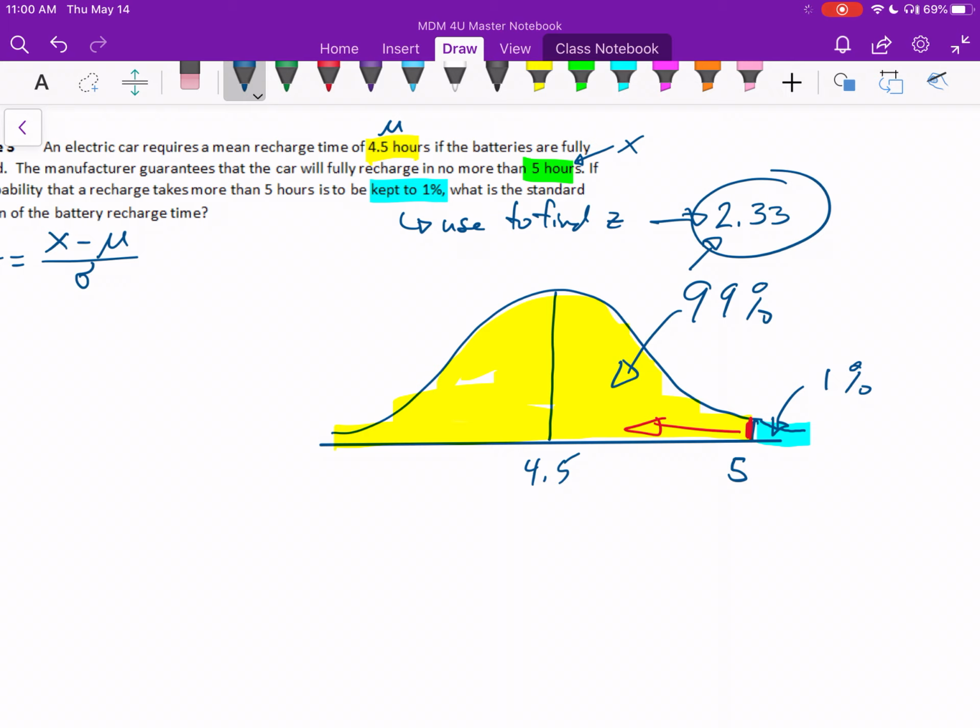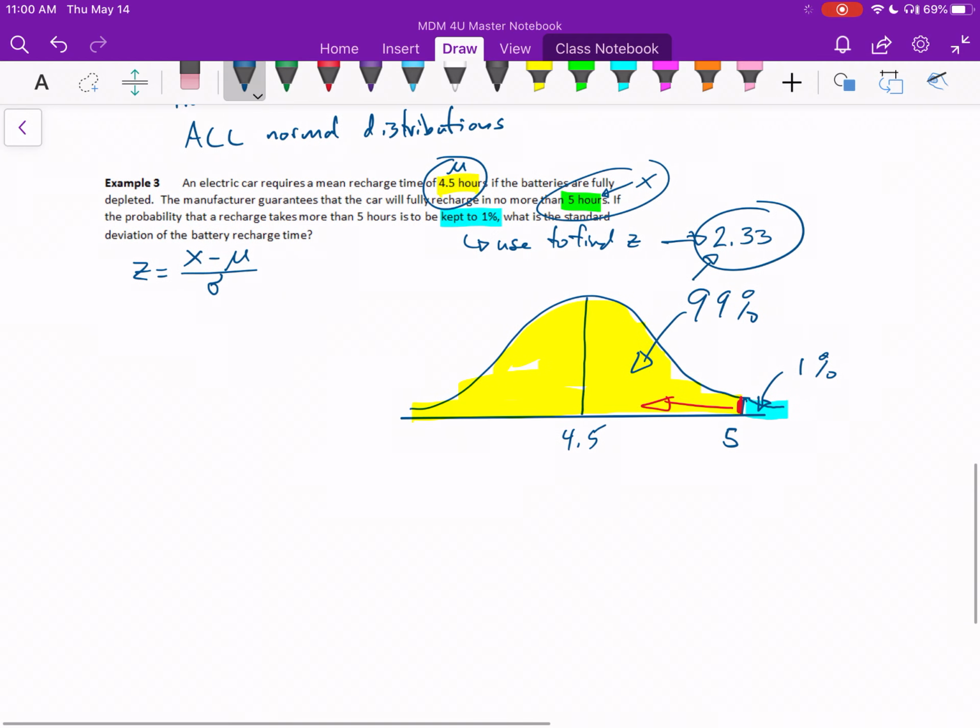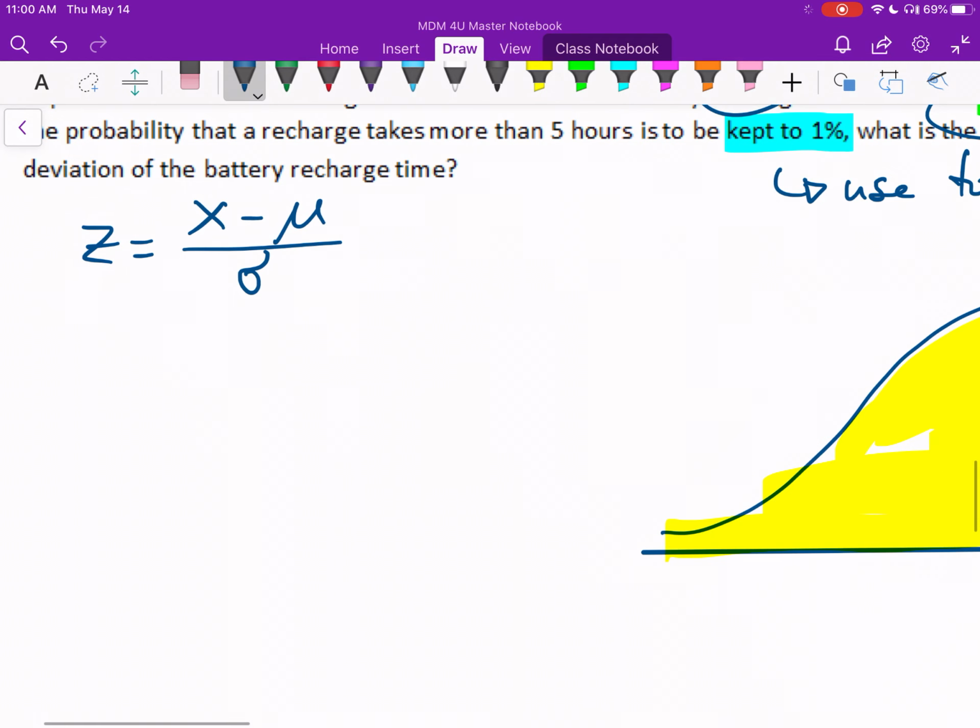So we've got x, we've got z, we've got mu. Let's put them in. 2.33 equals 5 minus 4.5 over sigma. And let's rearrange this and solve it for sigma.